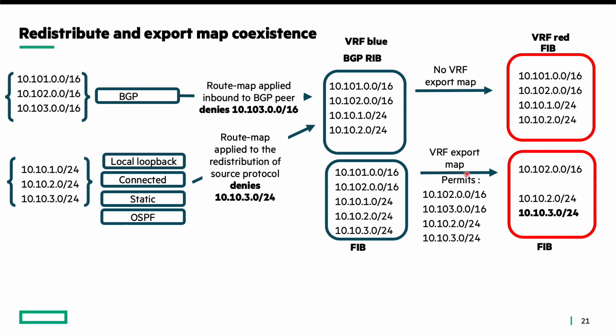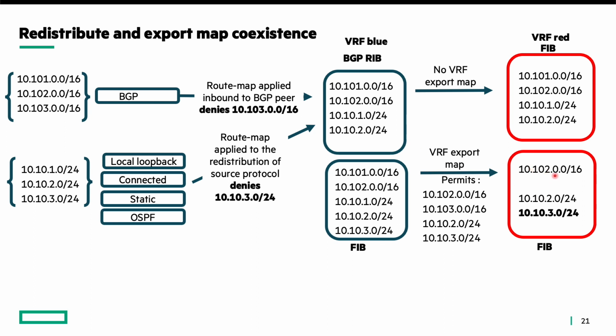Now, if we have a VRF export map, and in this VRF export map we permit 10.10.3, and you see we don't permit 10.10.1, what will happen in the FIB of the VRF? It overwrites what is coming from the BGP table.